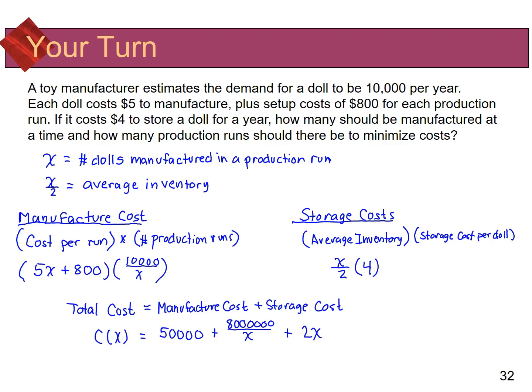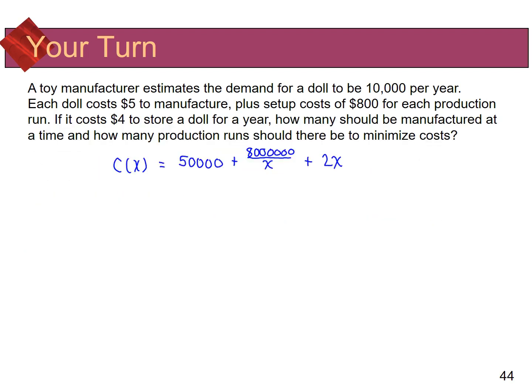With that function now, I can start looking for a minimum for that cost. So I take the function I came up with in the previous set of steps. I'm going to let this be 2x plus 8 million x to the negative 1 power plus 50,000, because that's going to make it a little easier to do the derivative rule.